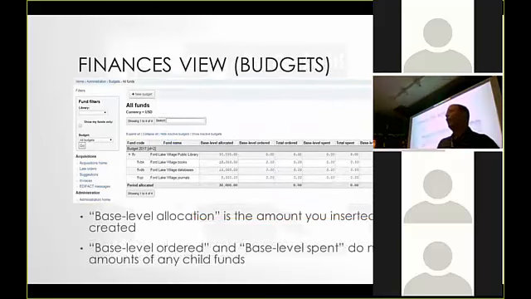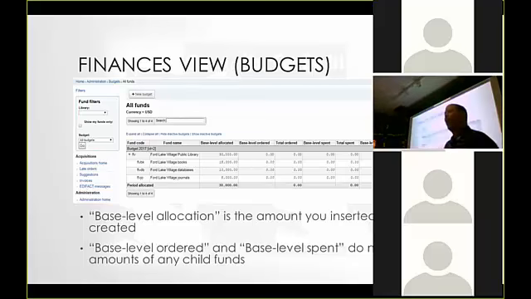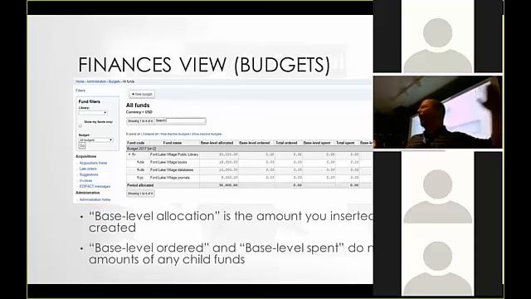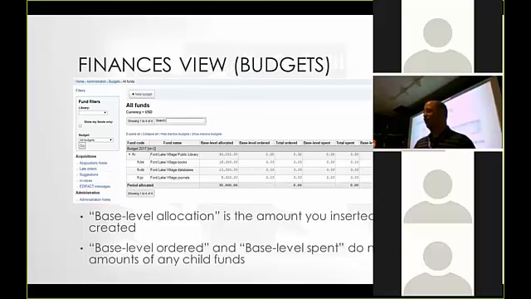If you have administrative authority and you see budgets, you'll notice this display is a little different. There are a few things here called base level: base level allocations, base level totals, and base level ordered. Base level, whenever you see that phrase, refers to that particular fund only and does not involve the activity of any of the children.